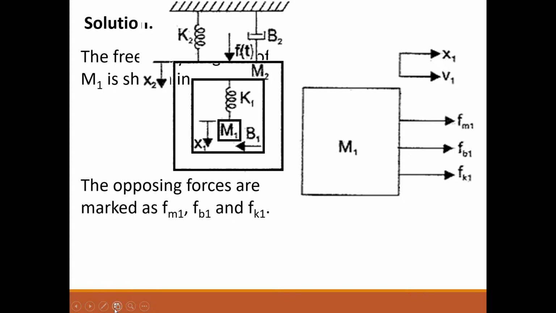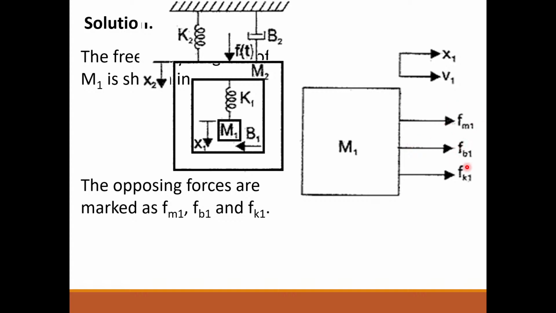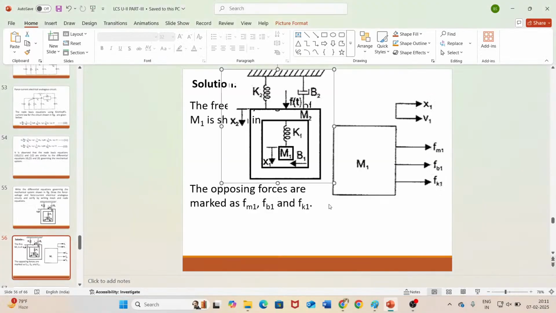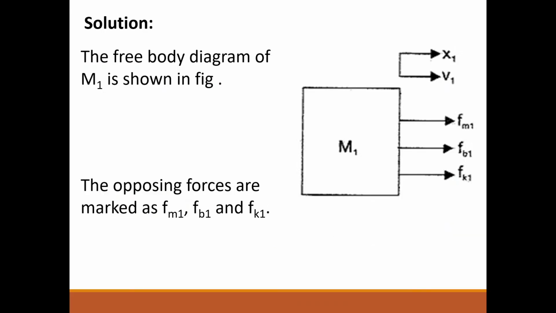So the opposing forces here are Fm1, Fb1 and Fk1. So just draw the free body diagram and mention in the comment section as soon as you complete.